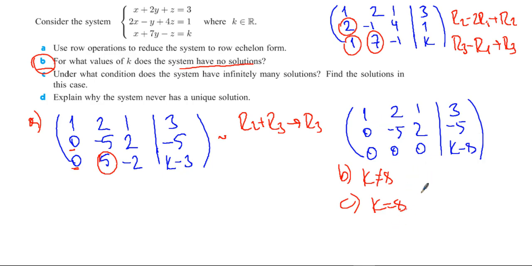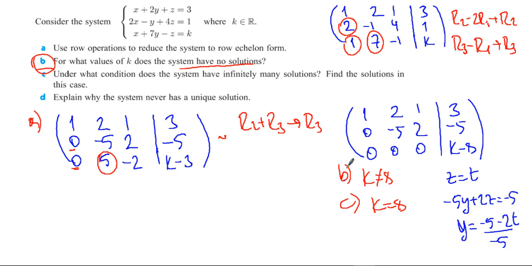So what we can do, we can call z equal to t. If z is t, then from the second row, minus 5y plus 2z equals minus 5. Then I know that z is t already, so y will be minus 5 minus 2t divided by minus 5.